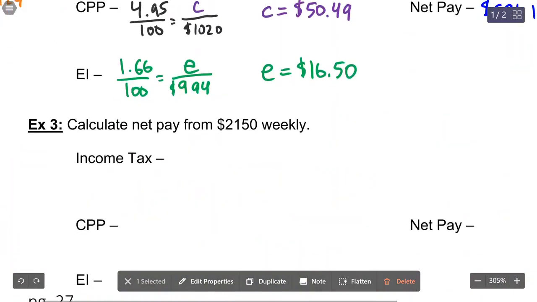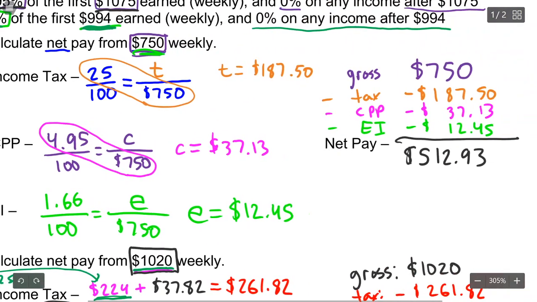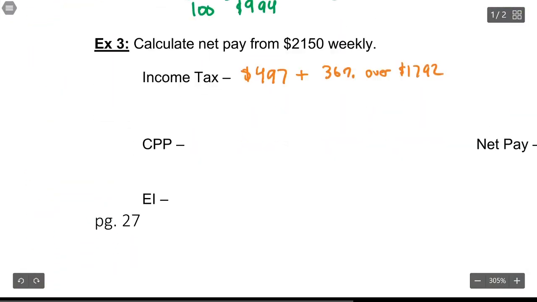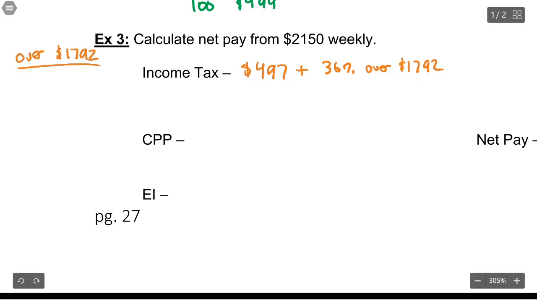So we are going to pay $497 plus 36% that we are over $17.92, right? So this third bracket rule says 36% on every dollar over $17.92 per week. So let's figure out how much we are over $17.92.